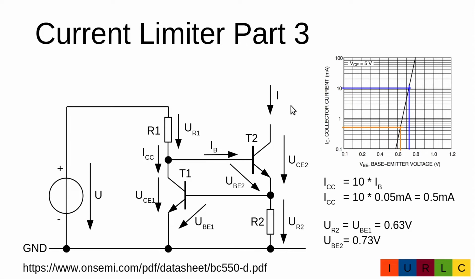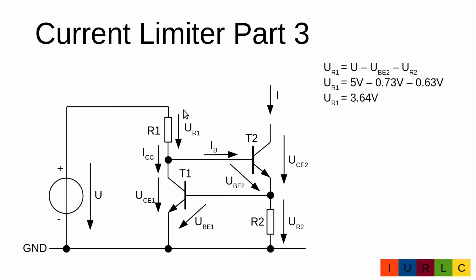In the same diagram we can find for the 10 milliamp collector current at transistor T2 that we need a base emitter voltage of about 0.73 volt. Now we can calculate the voltage drop at the resistor R1.